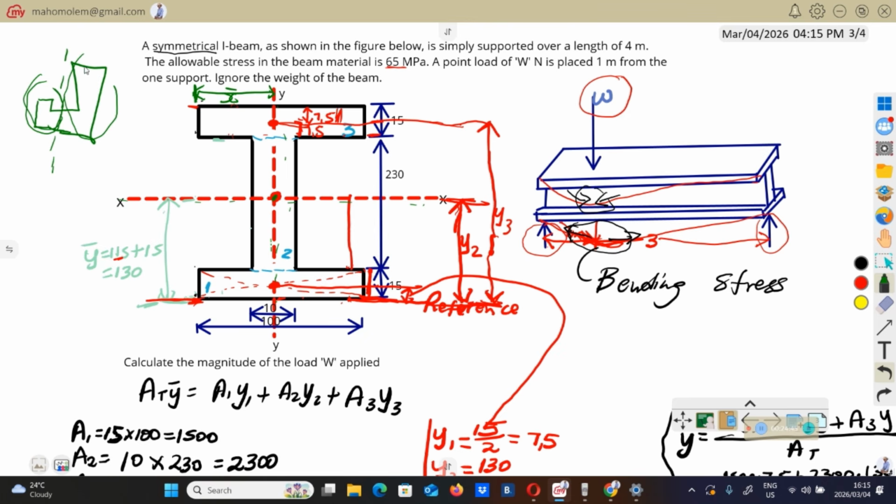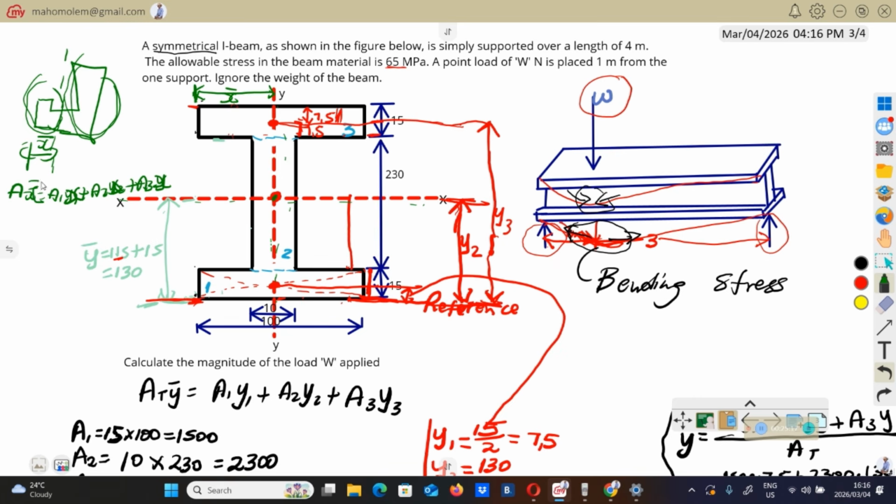Then you will be forced to calculate x bar in this way: area total x bar equals area 1 x1 plus area 2 x2 plus area 3 x3. Oh, sorry, these are x distances.